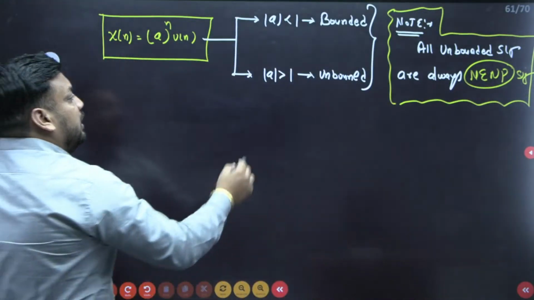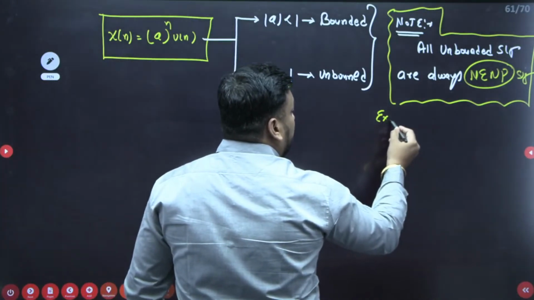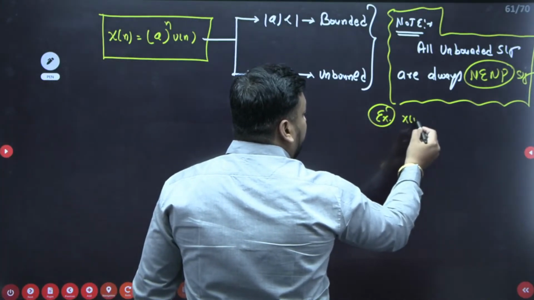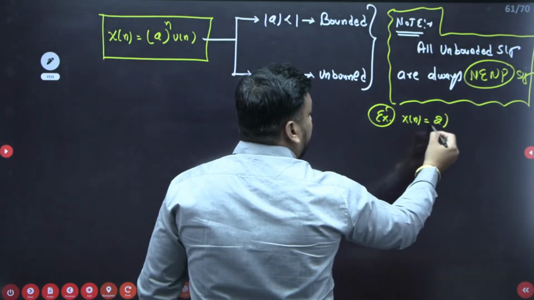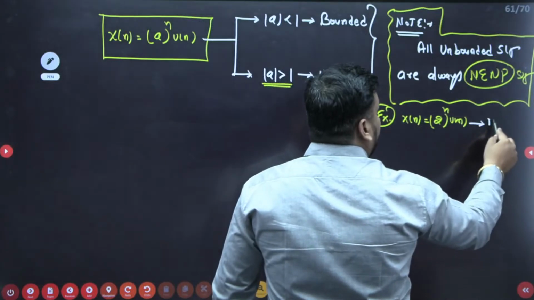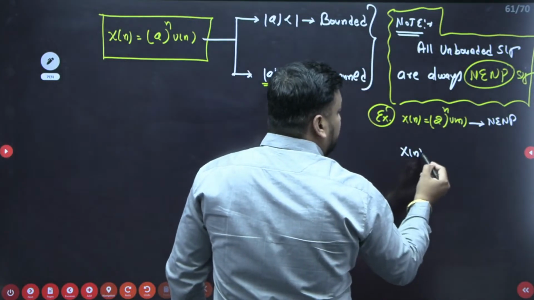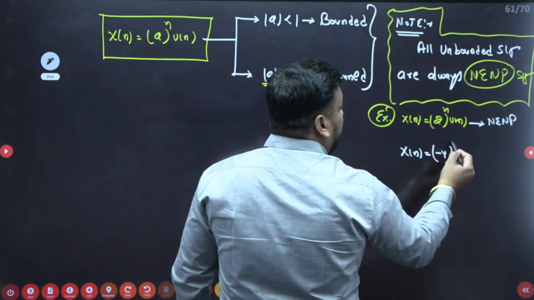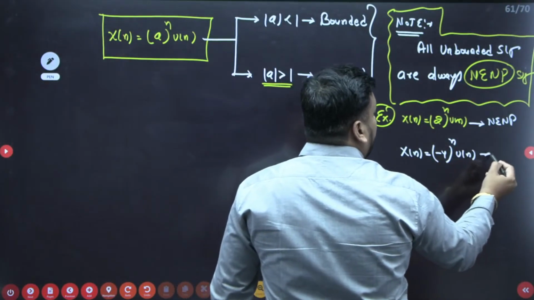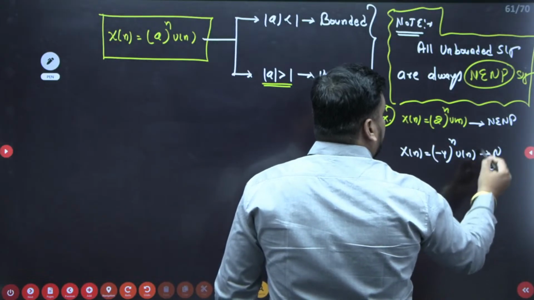So in this case, if a is greater than 1, it is unbounded. Let me take the example: find out the energy of x[n] equals 2 to the power n u[n]. Then your answer is it will be NENP, sir. If your question is x of n equals minus 4 to the power n u of n, again your answer is NENP only.